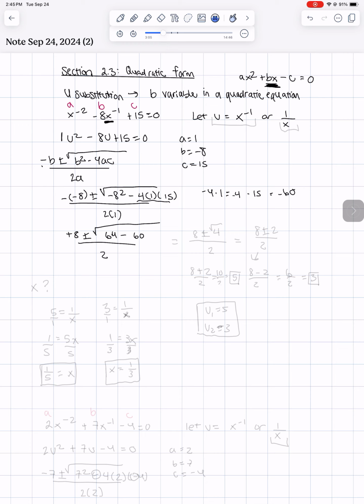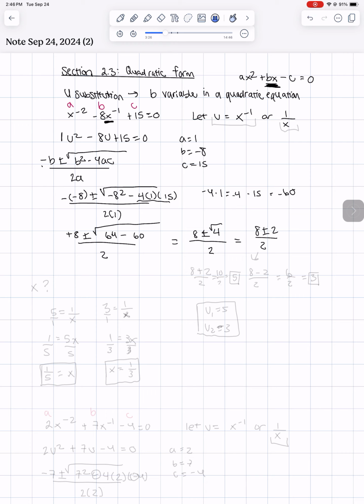So when we subtract, we know it's going to become 8 plus or minus the square root of 4, remember, the square root is there, over 2. And then we know the square root of 4 is 2, so 2 over 2.